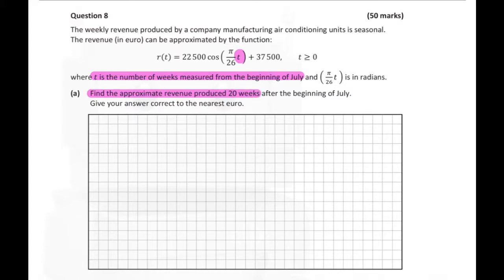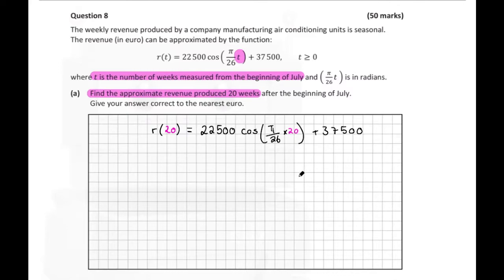They're now saying what would happen if we had 20 weeks. So all we have to do here is, instead of t, we actually have R of 20. So I'm going to put in R(20) = 22,500 cos(π/26 × 20), so that was our 20 coming from the question for part A, plus 37,500.